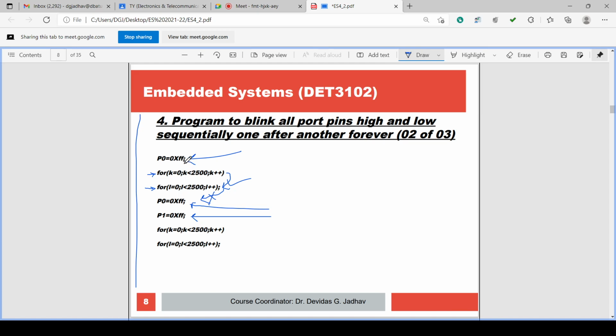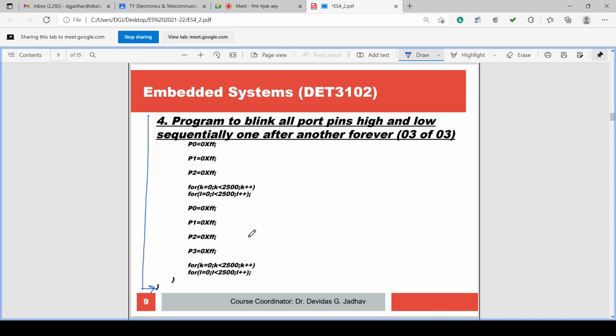First P0 is sent 11111111. Then delay is given. Then P0 as well as P1 are sent 11111111, and delay is given. Now two ports are sent 1111 and delay is given sequentially, isn't it?